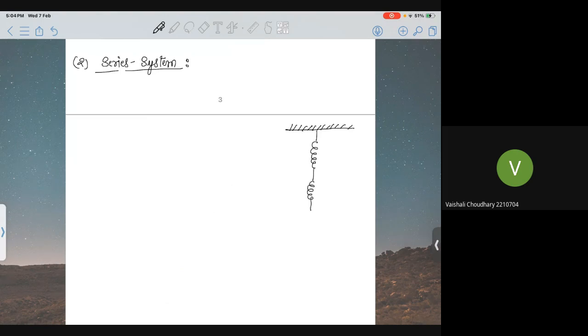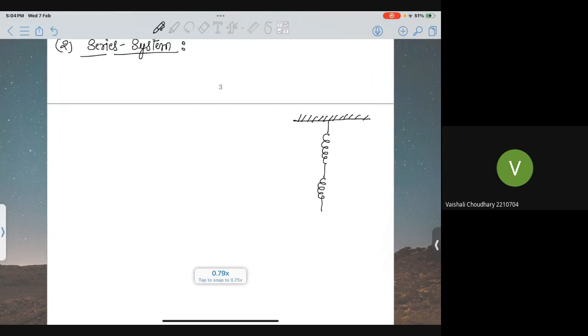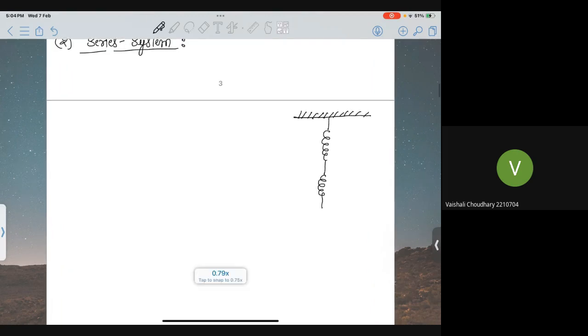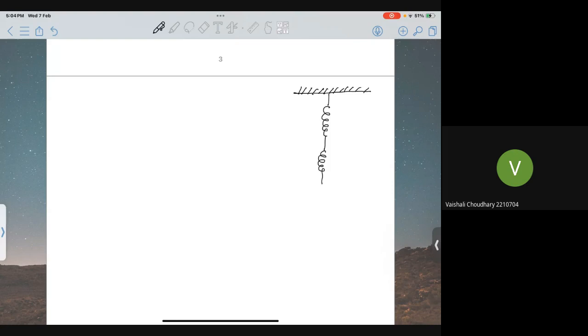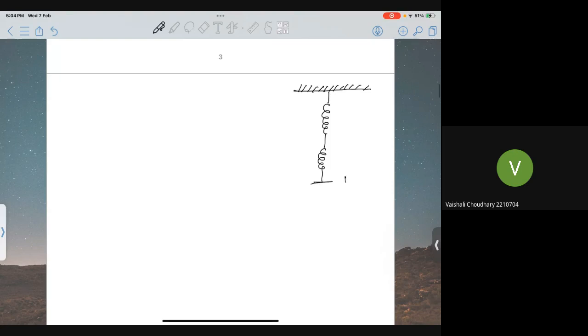One end of the spring is attached to a fixed point, and the other end of the first spring is connected to the next spring, and we'll apply force in this direction.